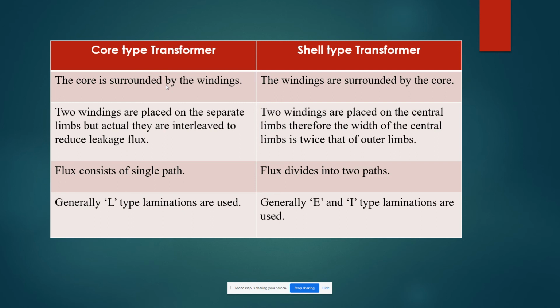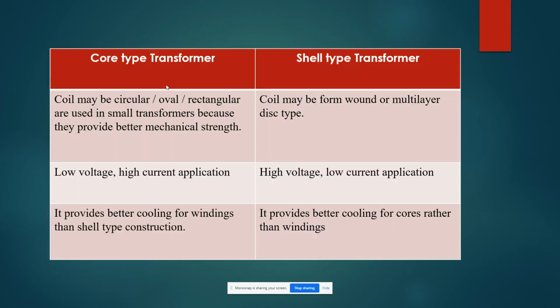In the core type transformer, L type lamination is used, whereas in the shell type, E and I type laminations are used. Now, the coil may be circular, oval, or rectangular in the core type transformer, whereas it may be multi-layer disc type in the shell type transformer. Core type transformer is applicable for low voltage, high current application, whereas shell type transformer is used for high voltage, low current application.